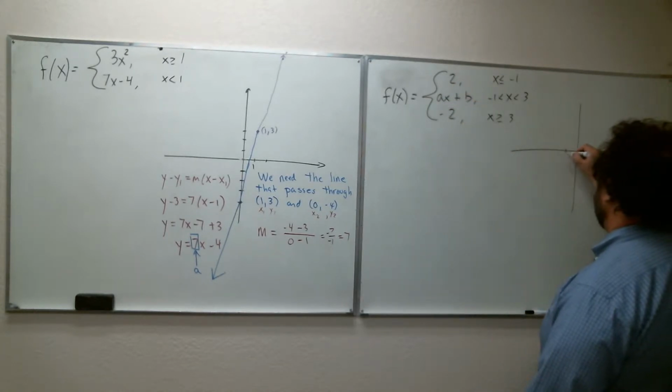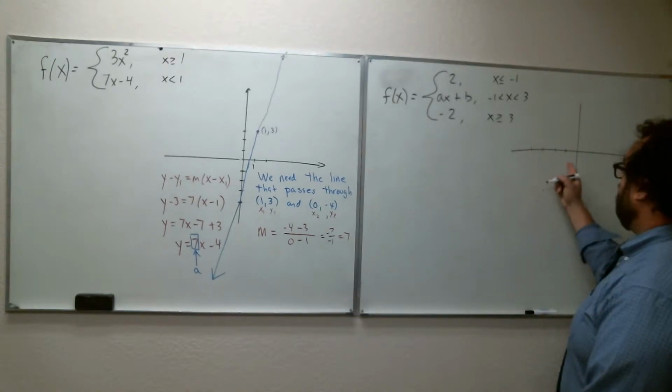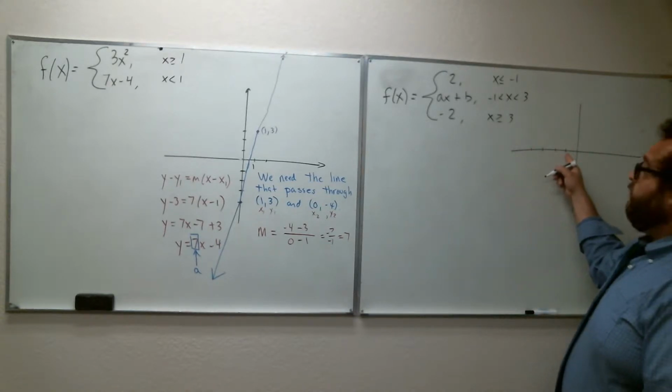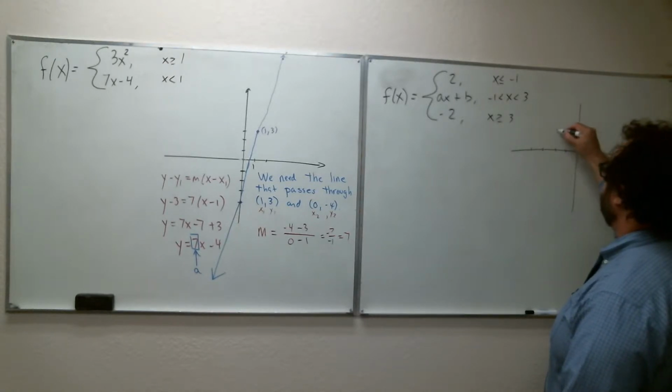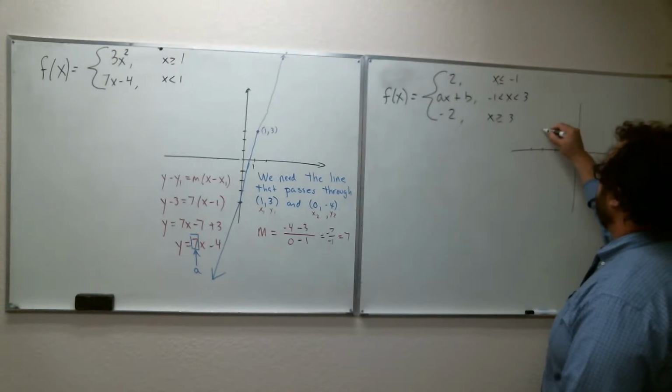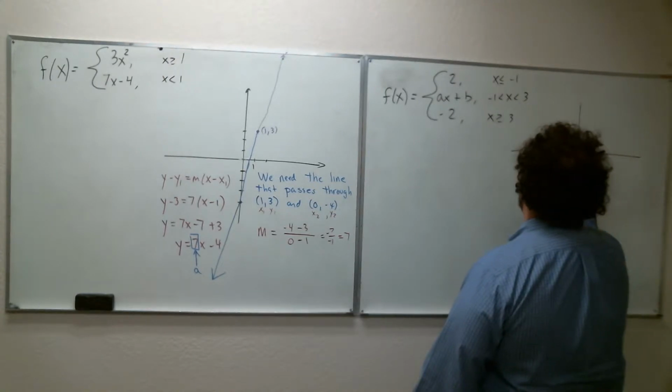So let's say there's -1, -2, -3, -4, etc. All of those x values have a y value of 2. So there's a y value of 2, a y value of 2, a y value of 2. So you see we're going to get a horizontal line, like so.